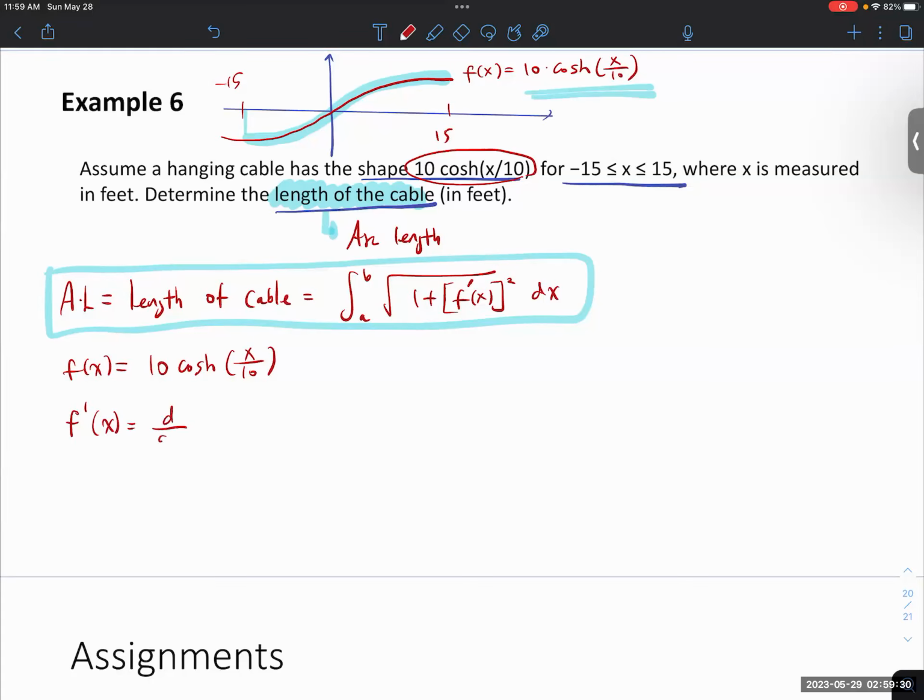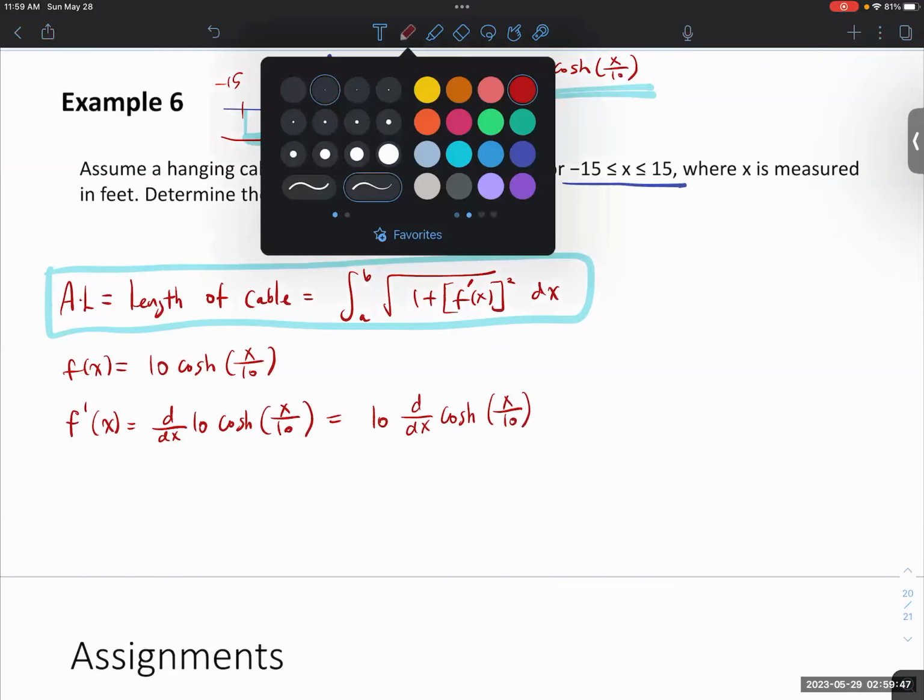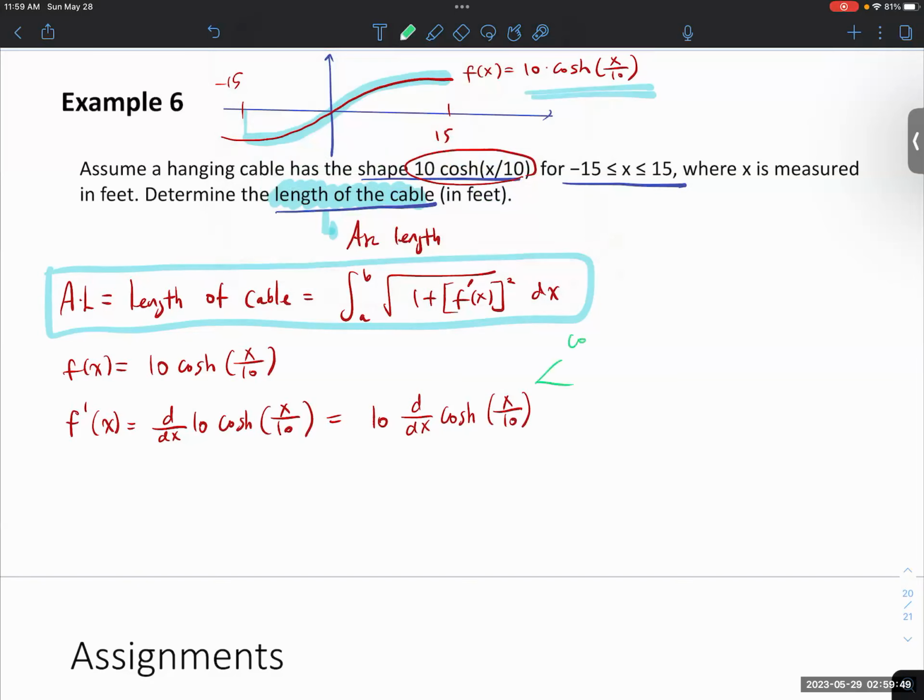So d over dx, 10 cosh x over 10. So that would be 10 times d over dx cosh x over 10. And then you see that this is a two structure going. One is a cosh function, and then x over 10 has been substituted, chain rule.